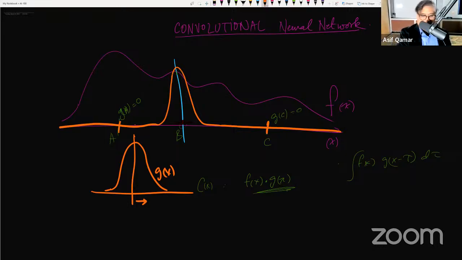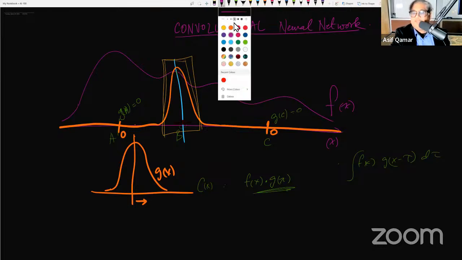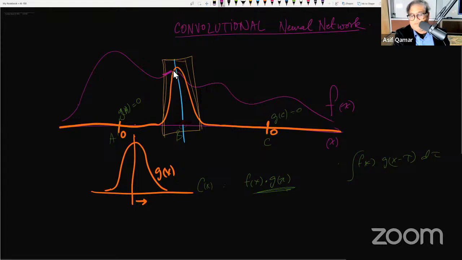So if you multiply the purple line with this orange line, the product will disappear everywhere, and you get a very local view only in this little window. This purple line is the only thing you will see, more or less.